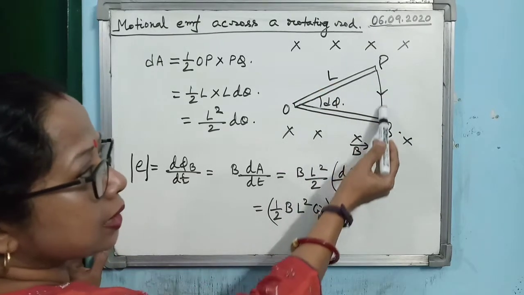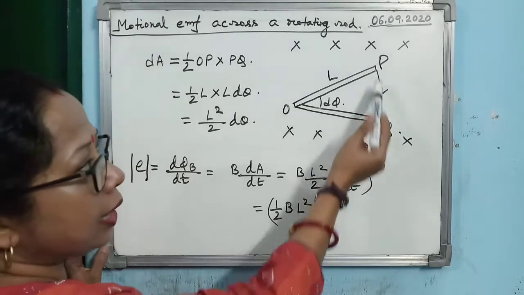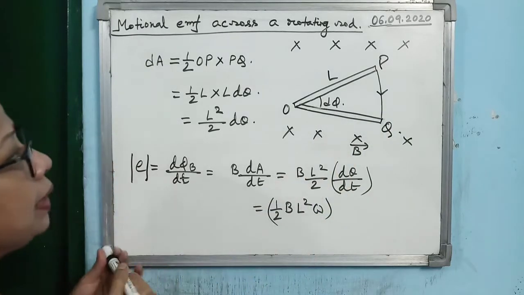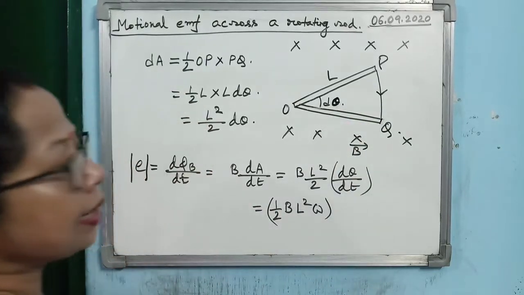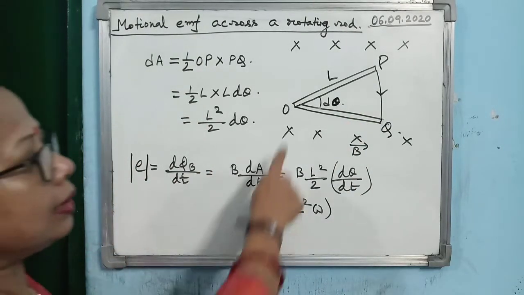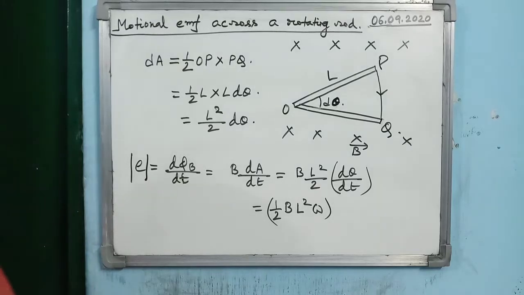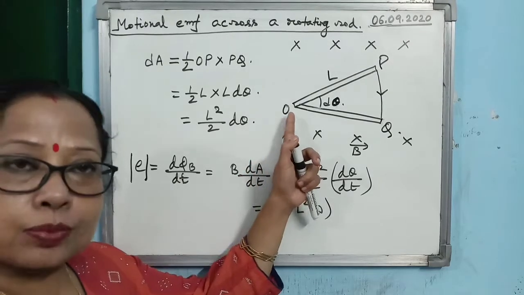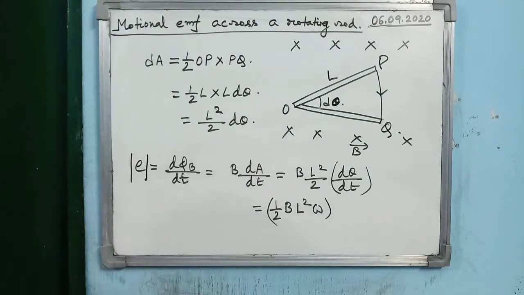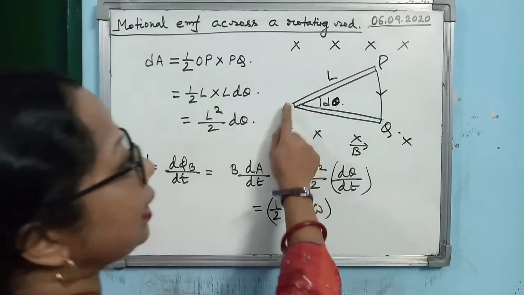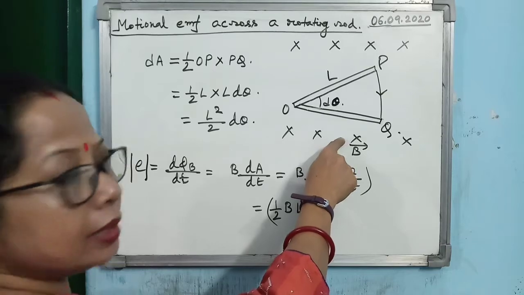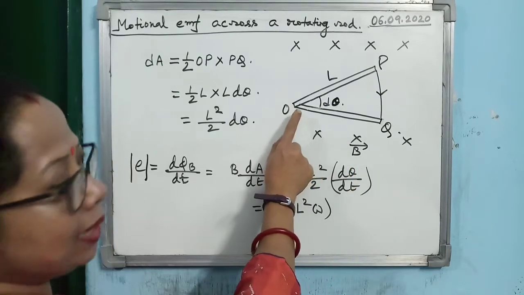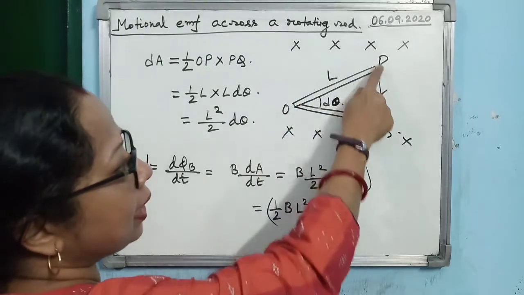So PQ is the displacement, and by that time it makes an angle, this is not phi, this is theta, an angle d theta at the one end of the rod, the fixed point on the rod. What is the area the rod is describing in time dt? dA is the area of the triangle OPQ.